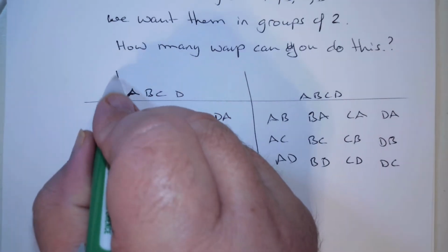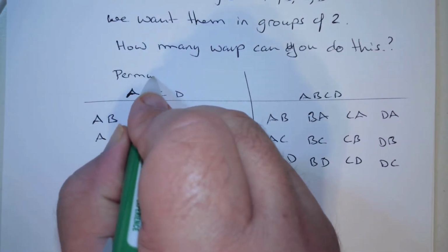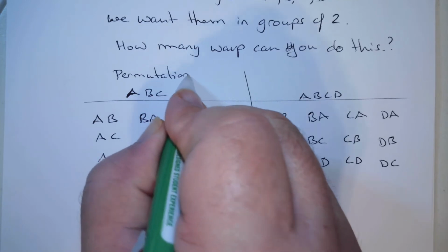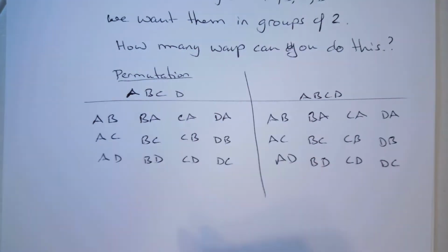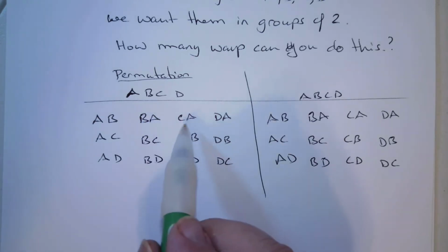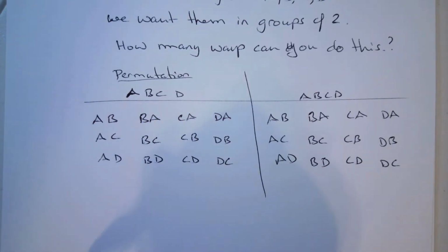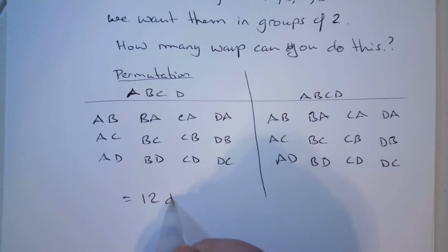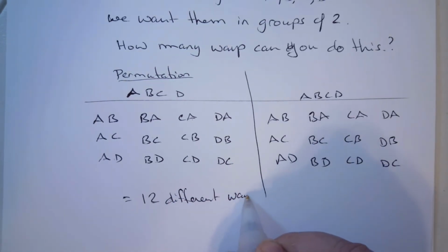In permutations, order is important. So AB and BA are totally different. CA and AC are different. So we have 1, 2, 3, 4, 5, 6, 7, 8, 9, 10, 12 different ways.